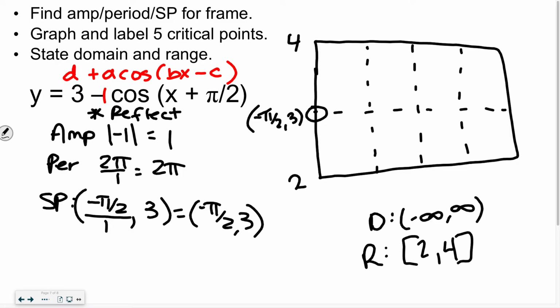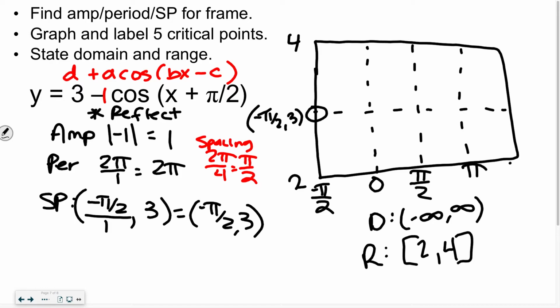I'm just going to do method 2 on this one for my horizontal shifting. So I would take 2 pi, divide it by 4, which is pi halves. That's my spacing. -pi halves plus pi halves is 0, plus pi halves is pi halves, plus pi halves is pi, plus pi halves is 3 pi halves.